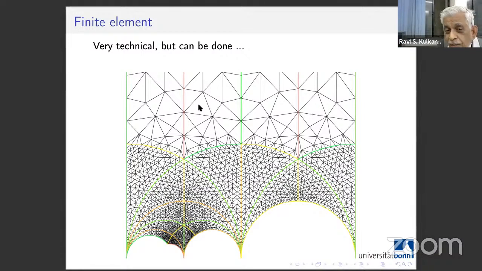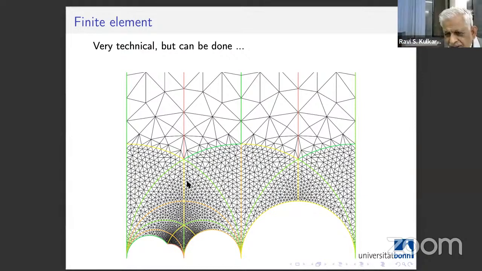Anything particular here about the chosen triangulation, or just any triangulation? Well, you have to choose it according to the gradients which you have in the function. So you have to do an adaptive sort of meshing. So down at the cusp, you need more triangles to characterize your function better.